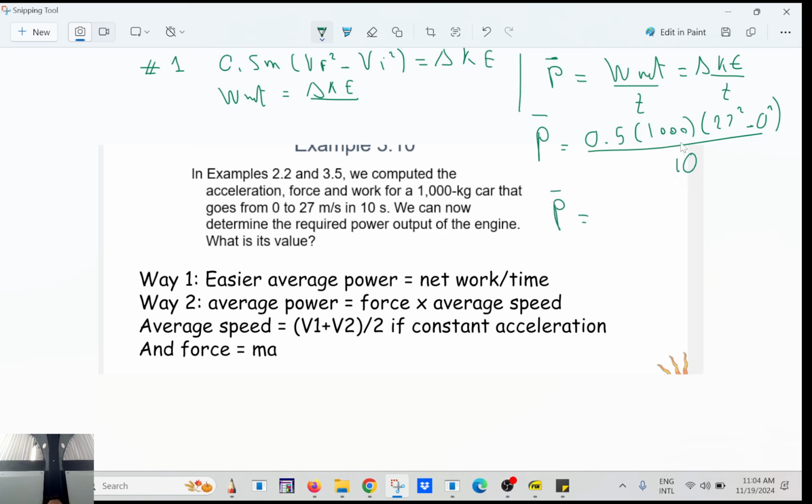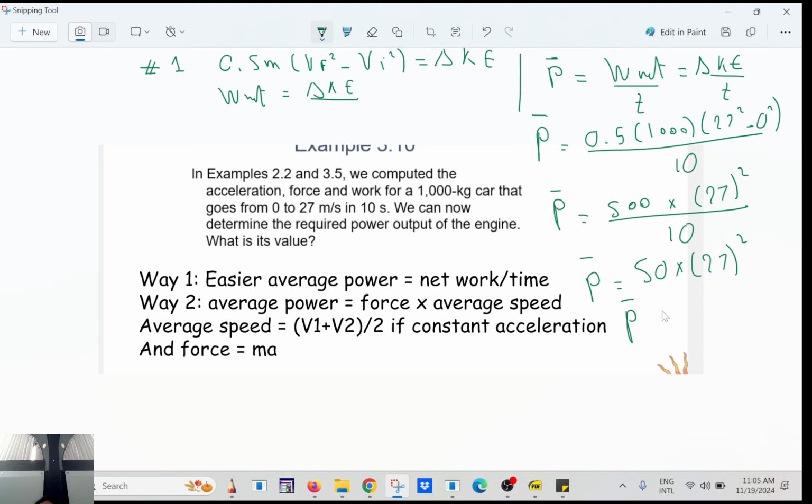So 0.5 times 1000 will be 500 times 27 squared over 10. Is that right? So it will be 50 times 27 squared.